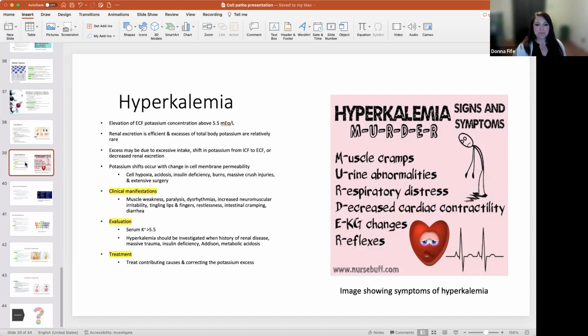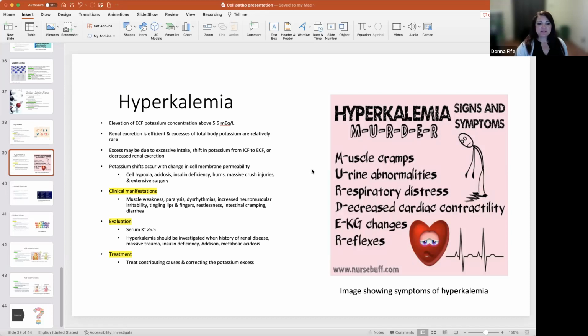This can occur with cell hypoxia, acidosis, insulin deficiency, with burns, patients who have massive crush injuries, or extensive surgery. Clinical manifestations are listed here. They're also here on this mnemonic for remembering hyperkalemia.